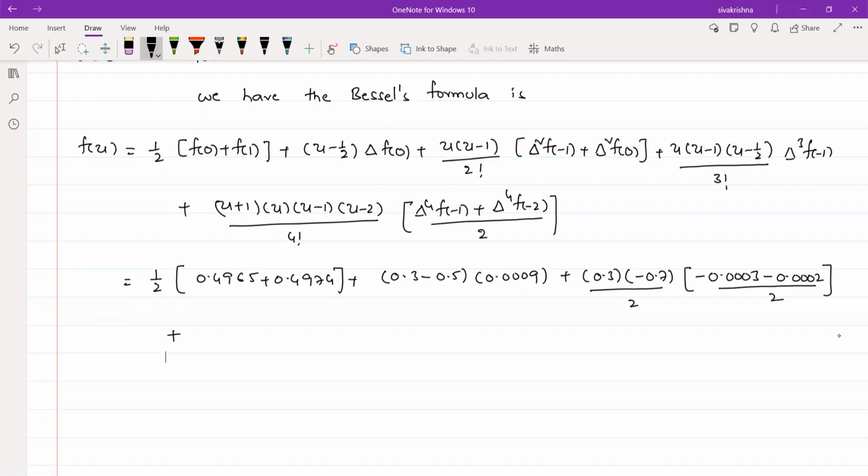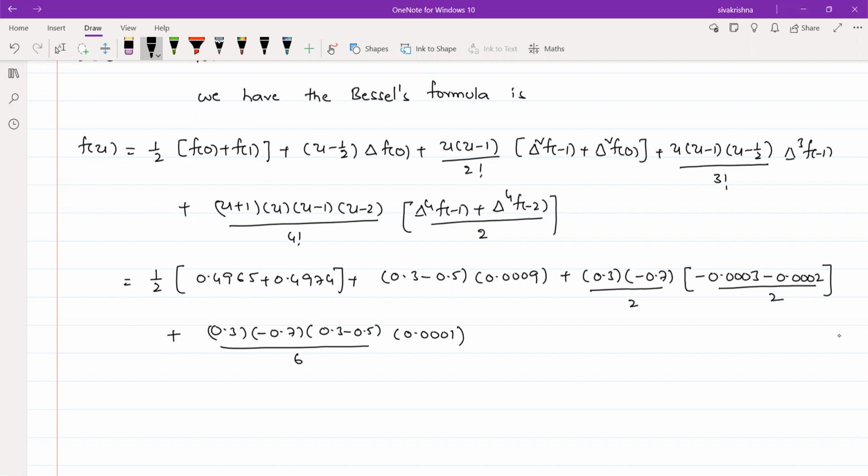Coming to the next term, u is 0.3 into u minus 1, which is minus 0.7, and u minus 0.5, by 3 factorial, which is 6, into delta cube. So the value of delta cube is 0.0001.